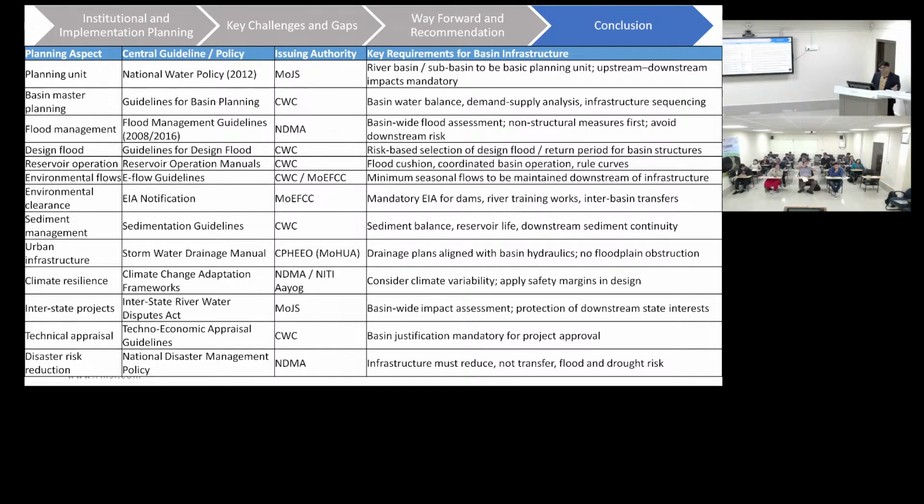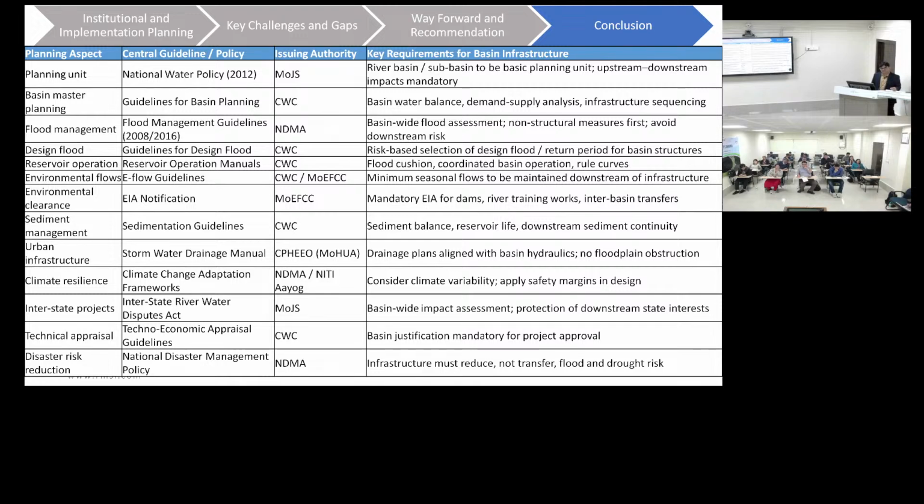Though it is under revision and validation, we should consider all those aspects. Then the basin master plan, what we are preparing right now, the guiding document. Which agency is providing those guidelines for this purpose? Central Water Commission is providing the guidelines: 1990 first stage, then 2007 the second guidelines. Now we are preparing the SOP for this.